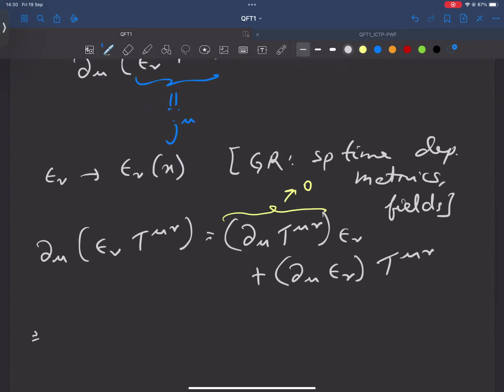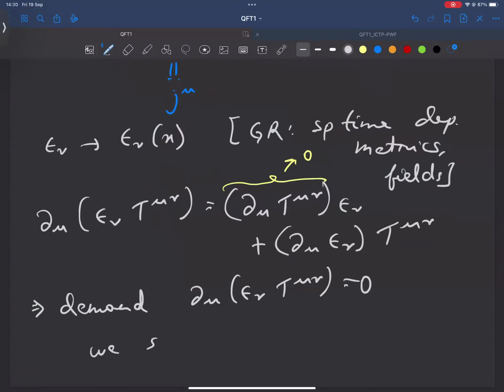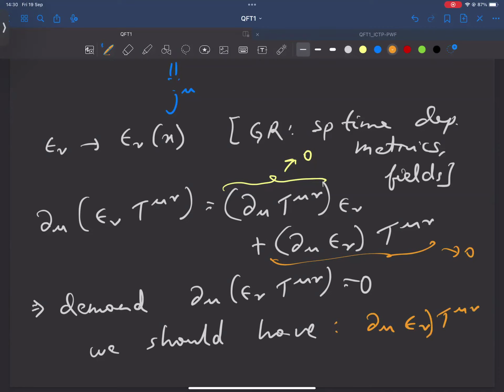So if we demand that this quantity is 0, then we should have this guy going to 0, which means we should have this times T mu nu equals 0.